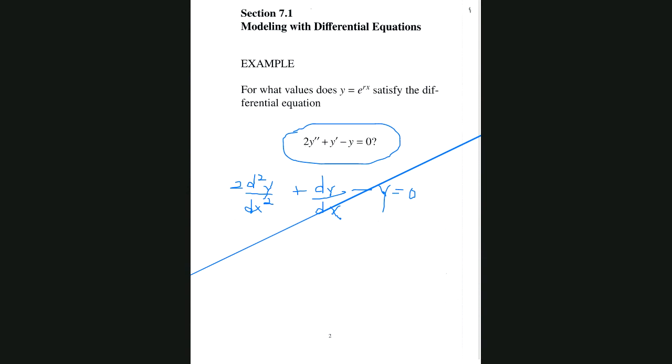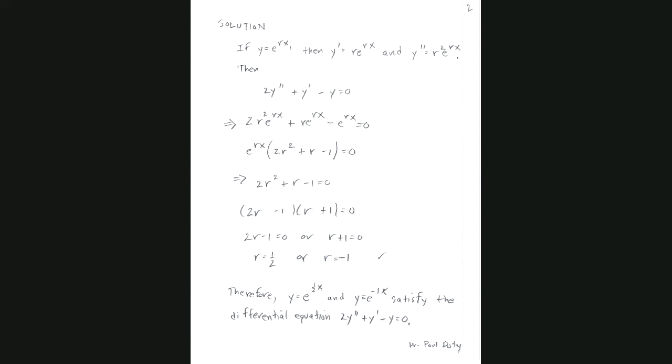In this problem, we're going to determine the r value. So probably the best thing to do is see what values of r are going to satisfy, are going to work here. So let me go to the solution. Obviously we have to work with the differential equation.